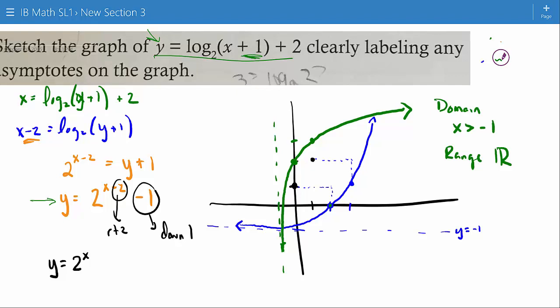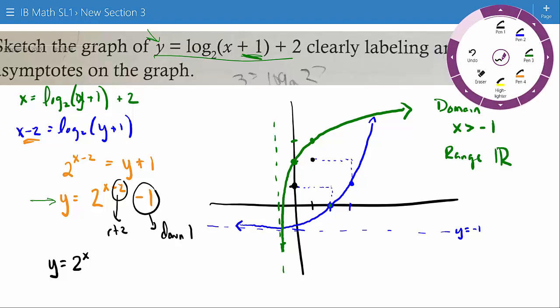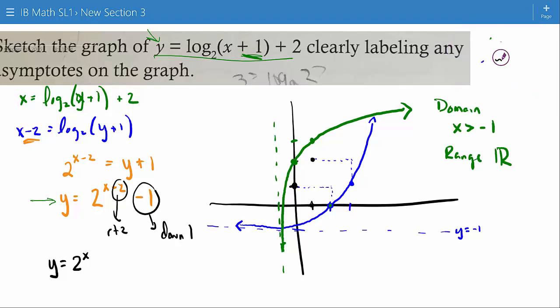This plus 1 means we're going to the left 1. The asymptote is left 1 from the y-axis, and then left 1, up 2. If you look at the graph of a basic logarithm, it passes through (1, 0). So moving left 1 and up 2, we get that point there.